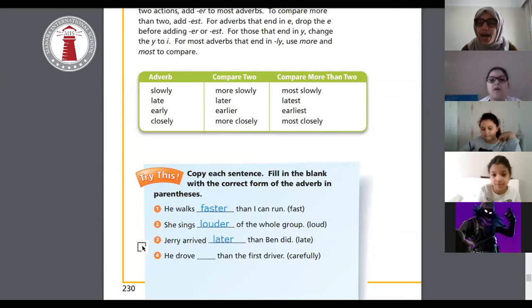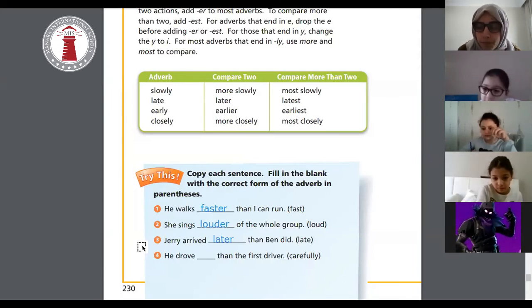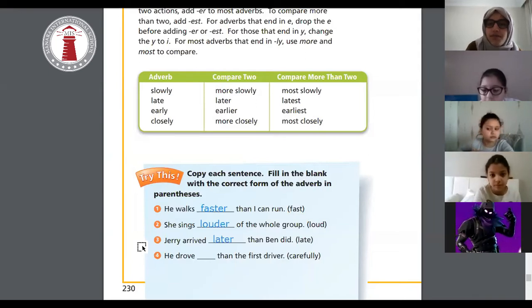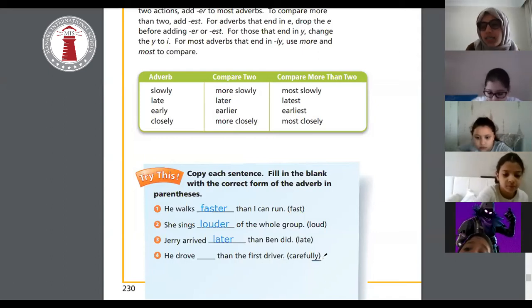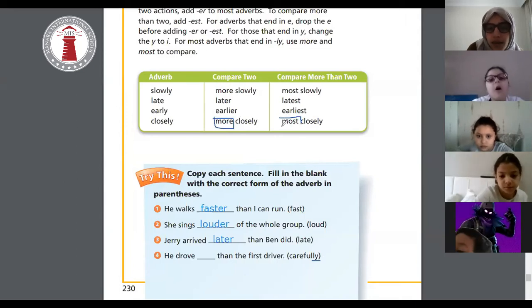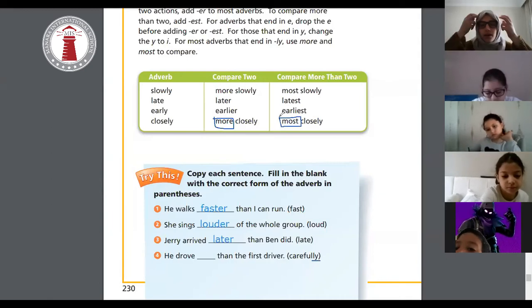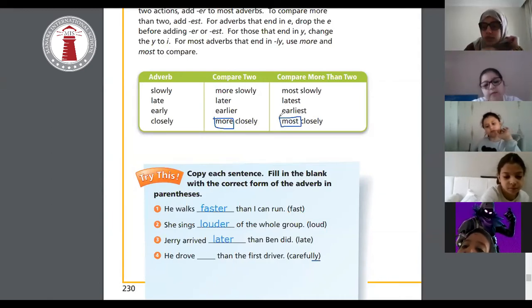Can we add ER here? If the word is ending with ly and it's a big word, we can't add ER or EST. We need to add more or most, because adverbs that end with ly can only have more or most next to them.